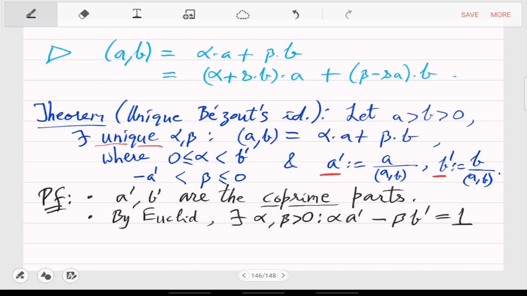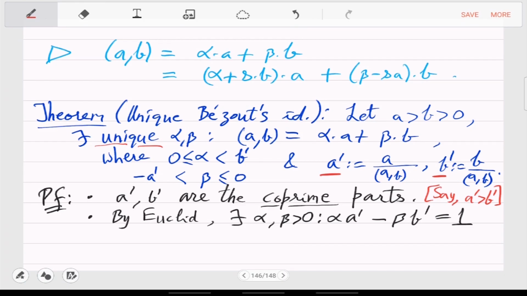So you can find this alpha and beta, both are positive because of the minus sign. There might be some issue that alpha is negative while beta is positive. You have alpha a prime plus beta, maybe I should do that. Let me assume that a prime is greater. It will not matter. Say a prime is bigger than b prime, then there will be these positive alpha beta such that alpha a prime and beta b prime difference is 1.